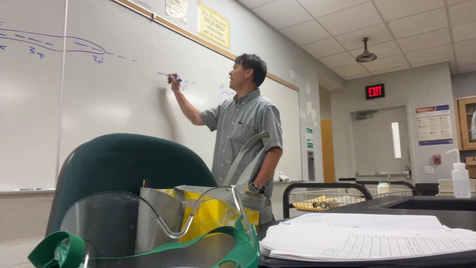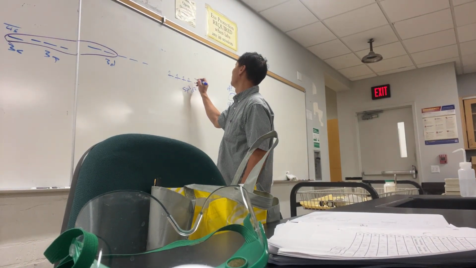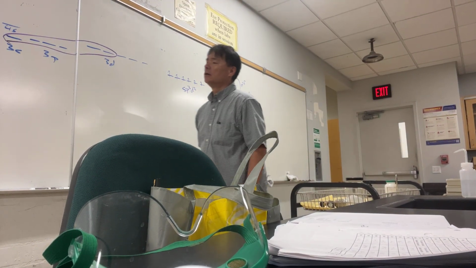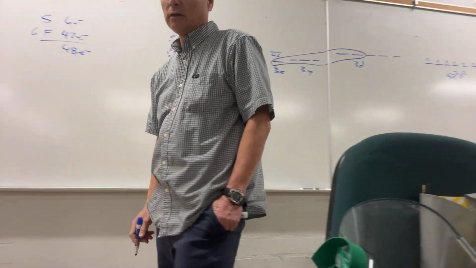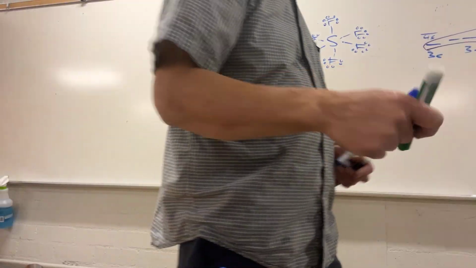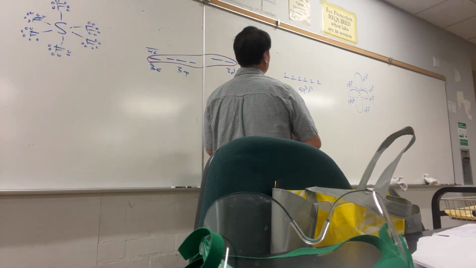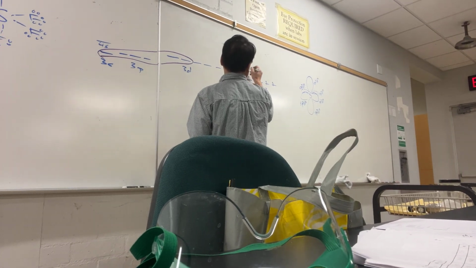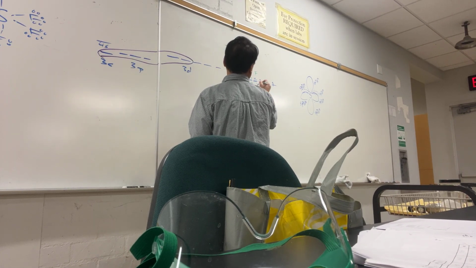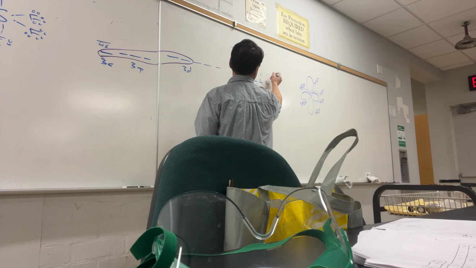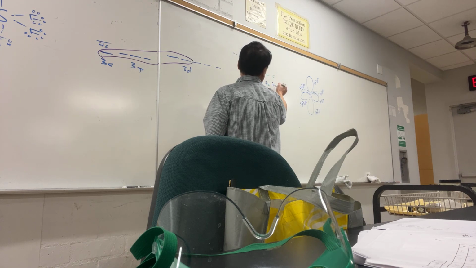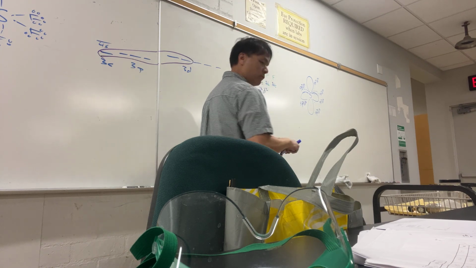Okay, so sulfur would have 1, 2, 3, 4, 5, 6 electrons. There are no formal charges here. And then the fluorines would come in and bond here. Now we can fit 6 fluorines around here. Why? To maximize bonding. The more bonds we can form, the more stable.